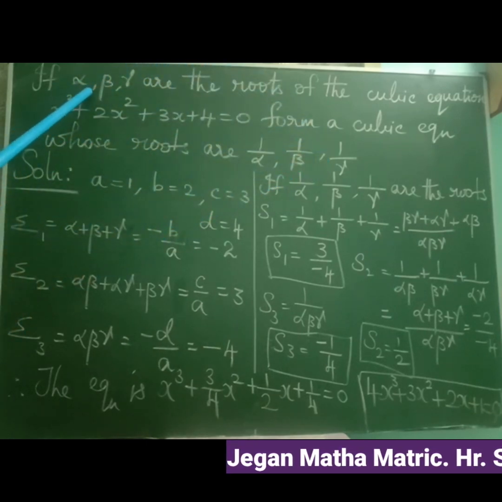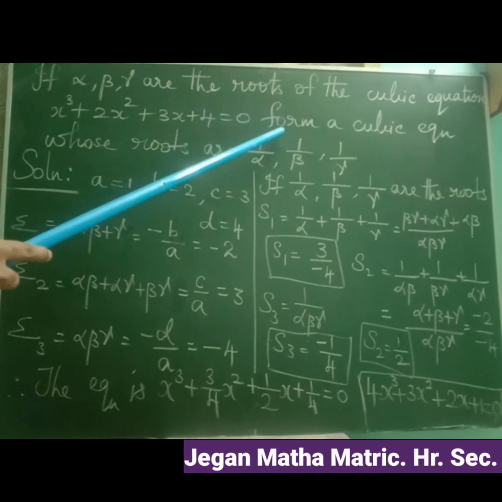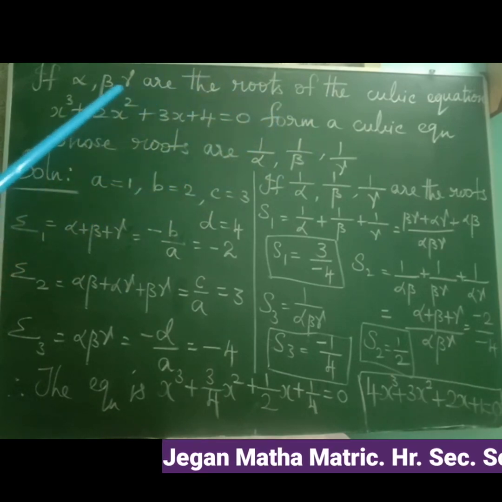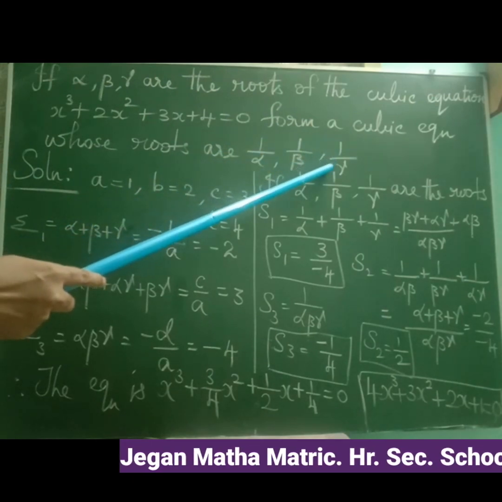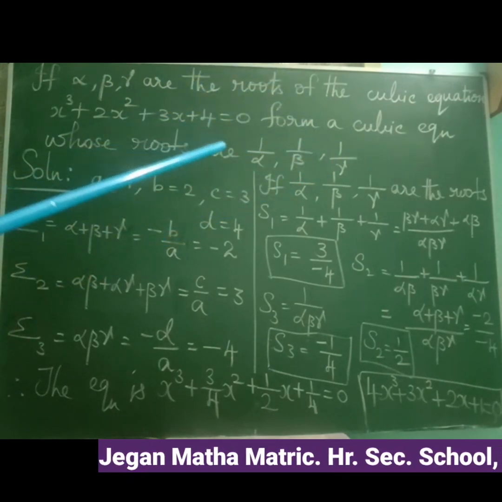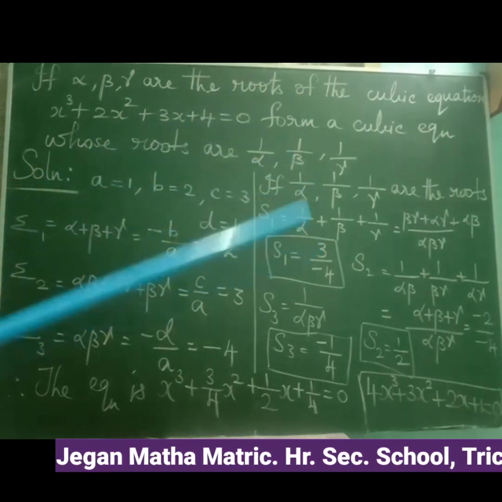That is, alpha, beta, gamma are the roots of this equation, and we have to form another cubic equation whose roots are 1 by alpha, 1 by beta and 1 by gamma. By applying Vieta's formula, we can solve this sum.